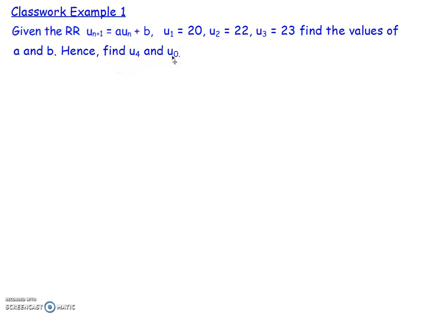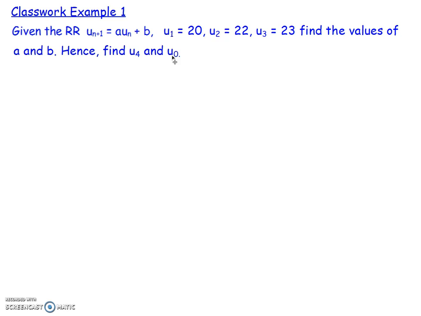So, what I'd like you to do just now is to pause the video, then give this example a go using your notes from the first example. Then you can go back onto the video, and I'm going to do the explanation now.